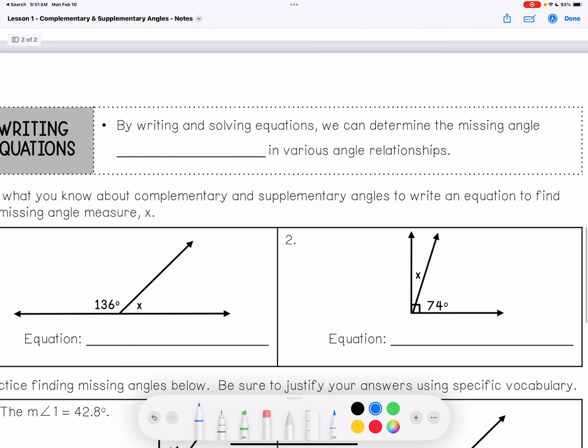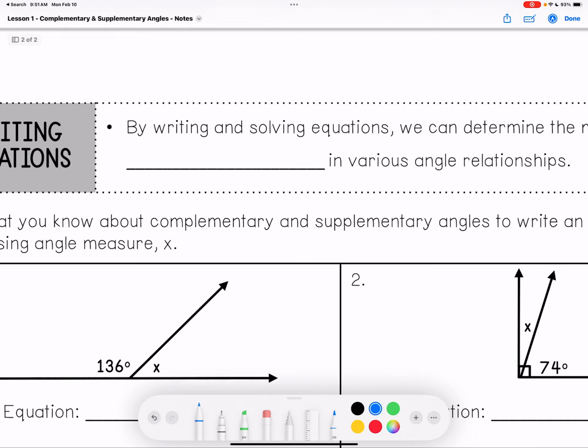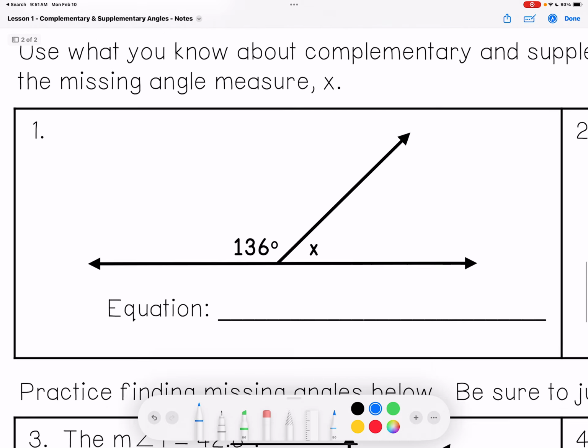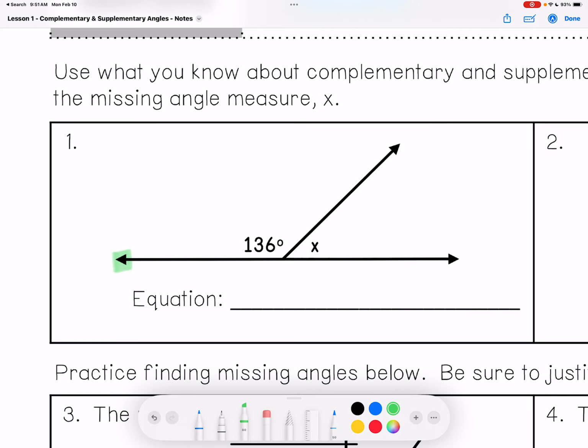All right. By writing and solving equations, we can determine the missing angle measure. So we can figure out what's missing. Let's show you how that works. All right. We know that this is a straight line. How do I know that? Because I can look at it and tell you it's a straight line.